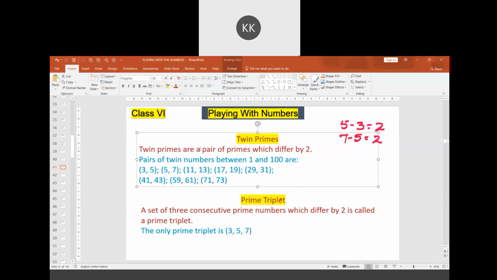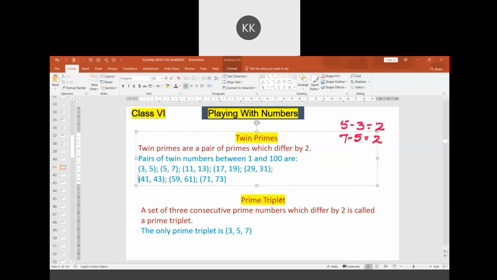Now think of a twin prime number other than them. Do we have any twin prime number other than these? There is no other twin prime number other than them.